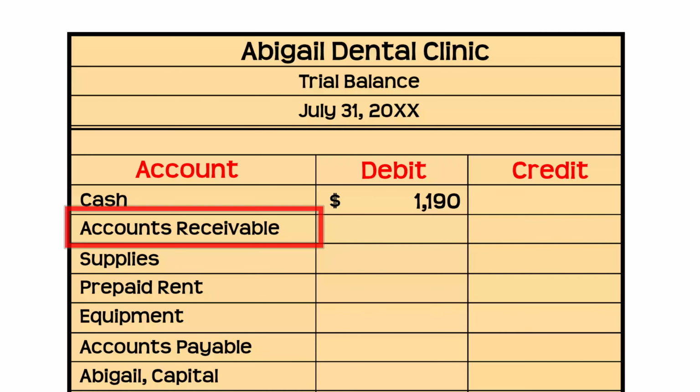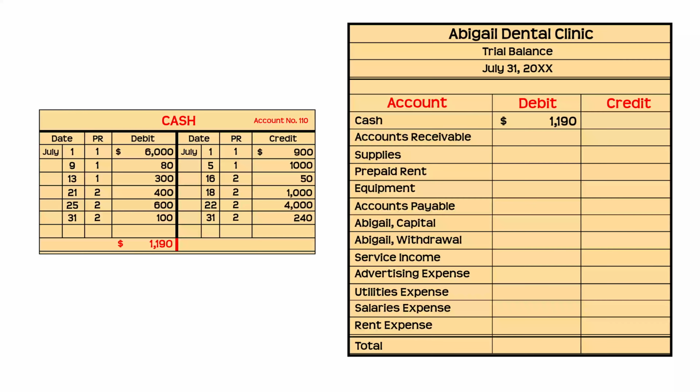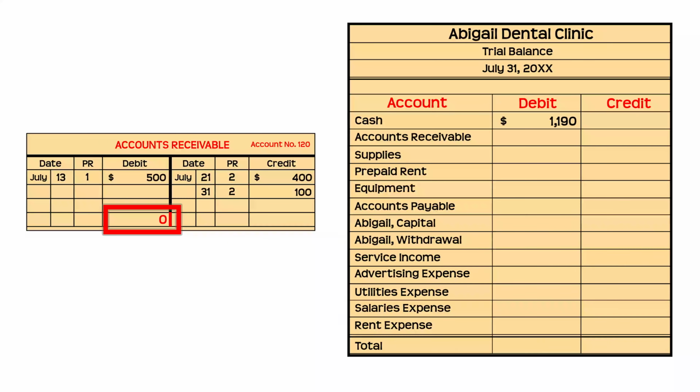Now for the accounts receivable, a zero balance on the debit side. And do the same for the rest of the assets.